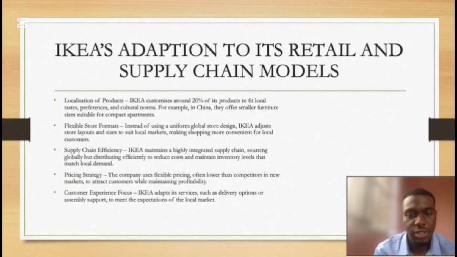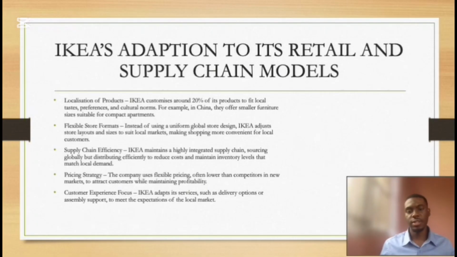Supply chain efficiency. IKEA maintains a highly integrated supply chain, sourcing globally but distributing efficiently to reduce costs, maintain inventory levels, and match local demand. Pricing strategy. The company used flexible pricing. They didn't use the global standards for pricing from other markets.